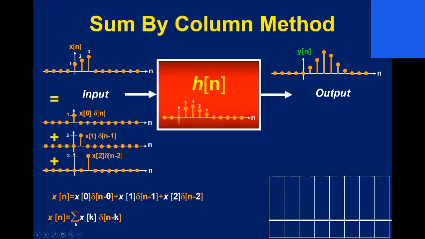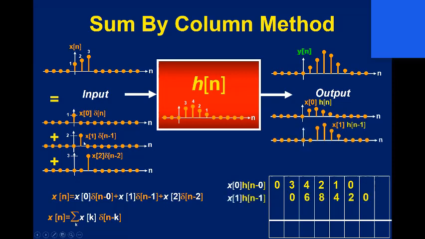So basically what we're doing is, in a table form, doing the operations that are implied by the convolution sum. We're taking first the response of the system to one of our inputs, the x of 0 input, which creates an x of 0 times h of n. So we give that a row. And then the x of 1 times delta of n minus 1 creates an x of 1 h of n minus 1 term. We'll give that a row, but notice it starts one sample later because of this additional shift.